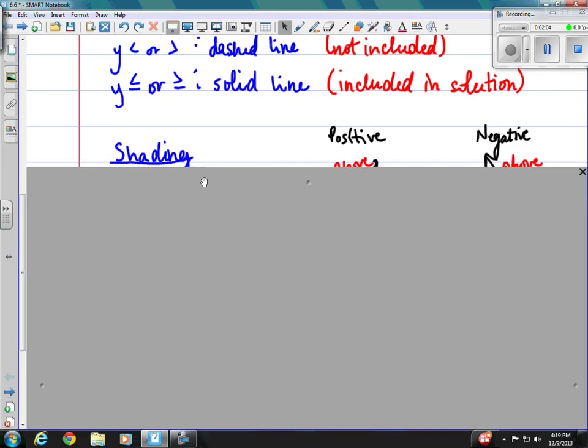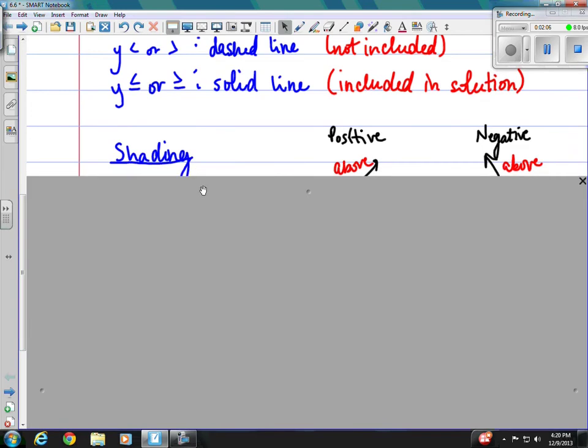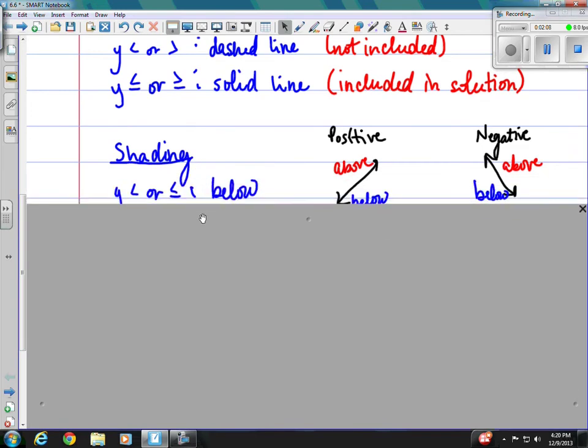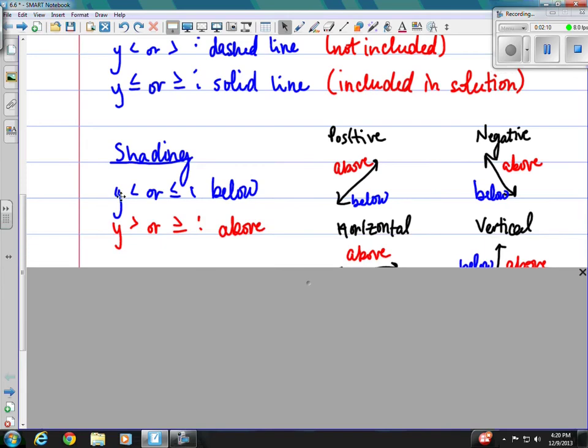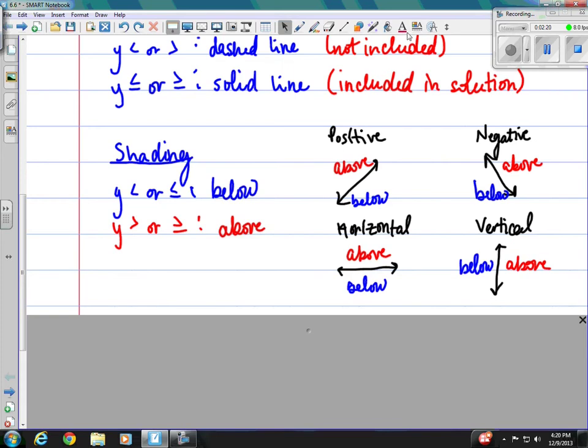Now our next thing is shading. So for shading, if y is less than or equal to, we're going to shade below the line. And if y is greater than or equal to, we're going to shade above the line. And over here are just some cases to look at. So for when it's positive, that means the line's going to go up and to the right.